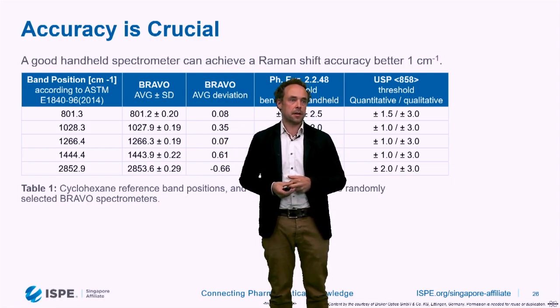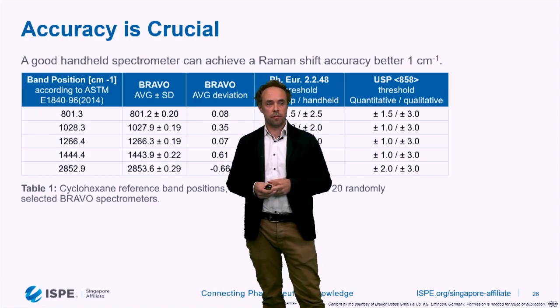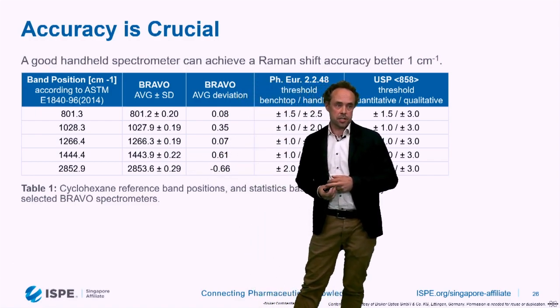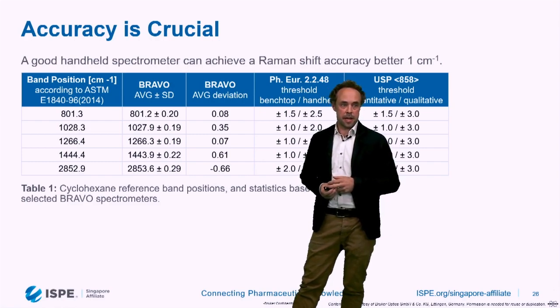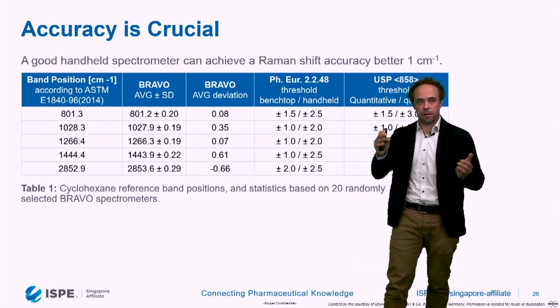Then we have the average band positions from the Bravo spectrometers with a notably low standard deviation of only 0.2 wave numbers. And then we have here the average deviation towards the ASTM reference values. And as you can see, these are really below one wave number. There's a large gap.